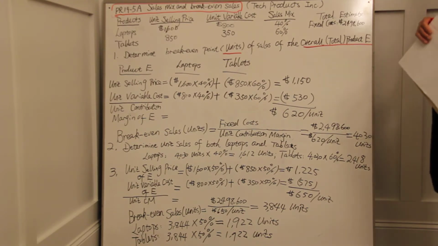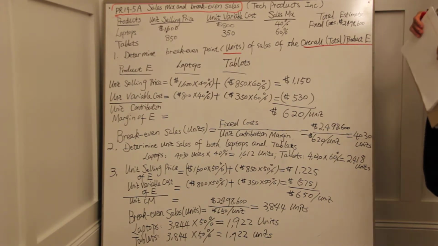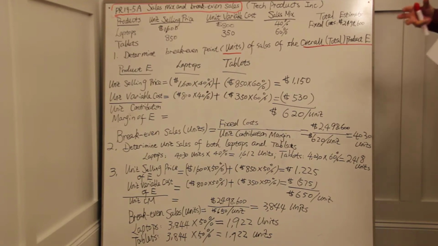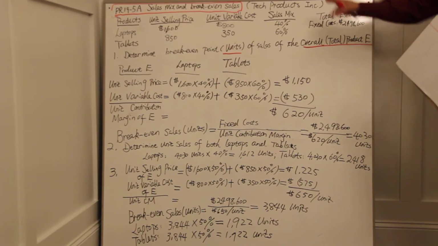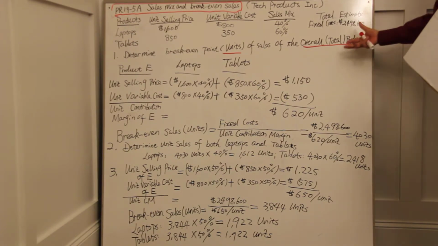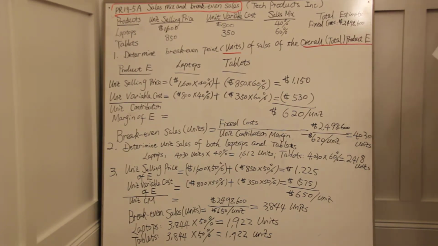So first one, we are required to determine the break-even point in units of sales of the overall total product E. That is to say, we need to combine the two products as one overall total product E.